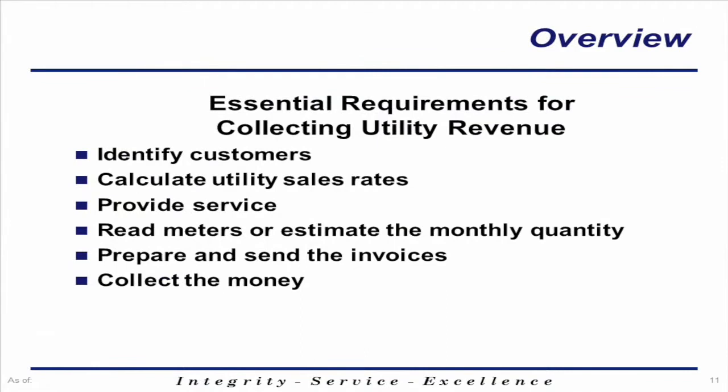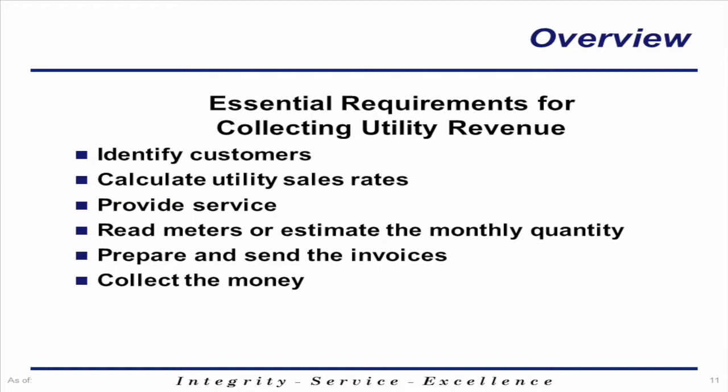So, the essential requirements for collecting utility revenue. Now, for any company to collect for utility service, all of these things have to be done. But the focus of the presentation that we're making here today is on how to calculate the utility sales rate.